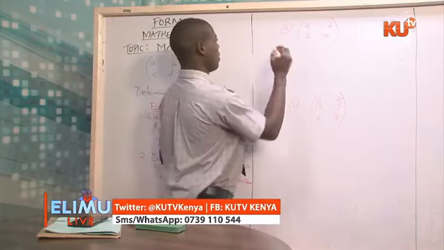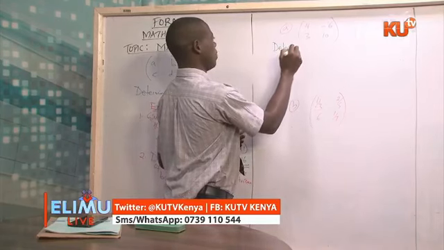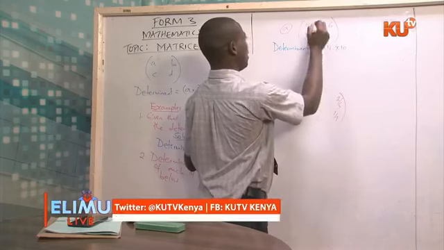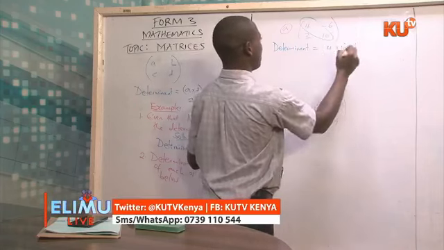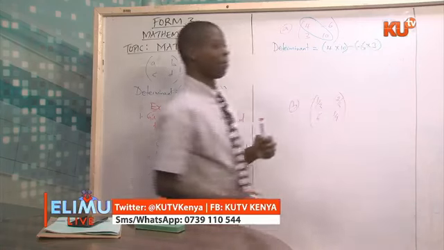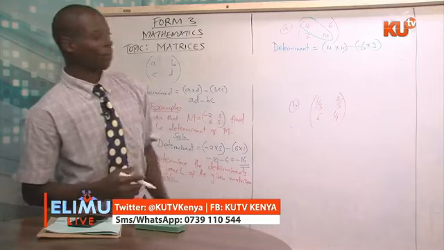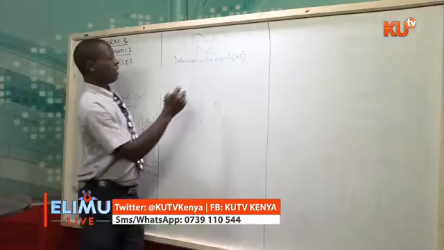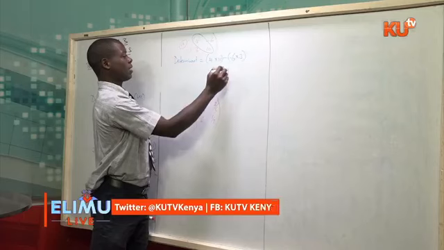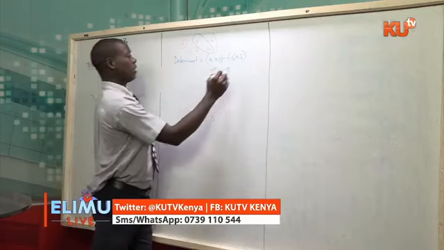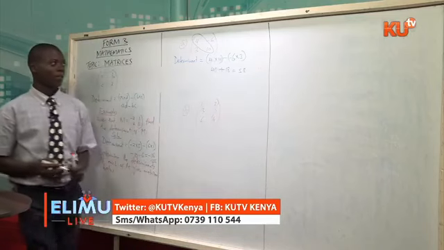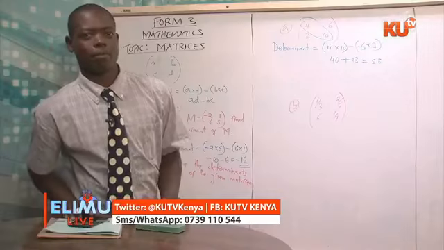Therefore, to work out the determinant, we will take 4 times 10, the leading diagonal, minus -6 times 3. 4 times 10 gives us 40, minus -6 times 3 gives us -18. And this gives us a total of 58, because minus times minus is plus. So the determinant is 58.